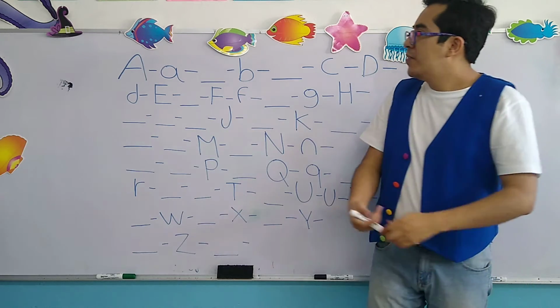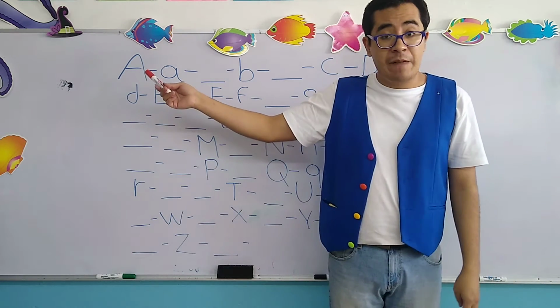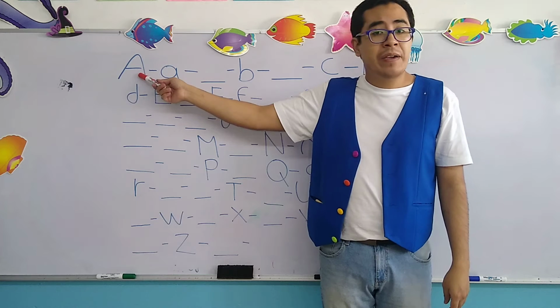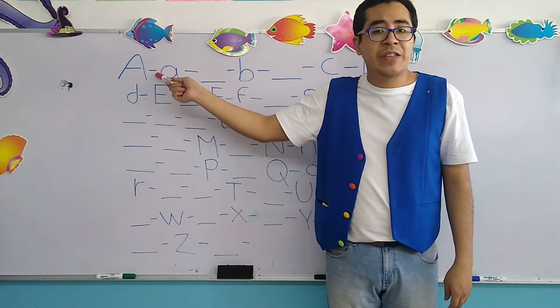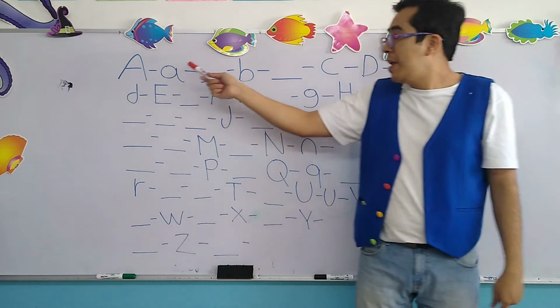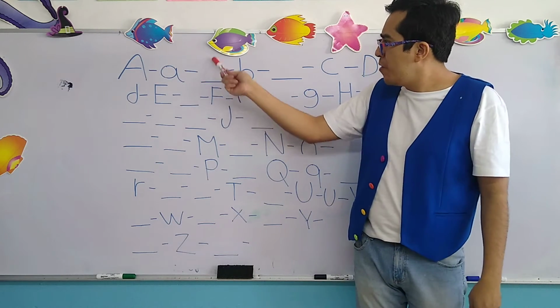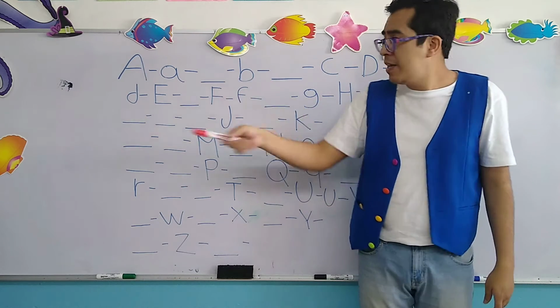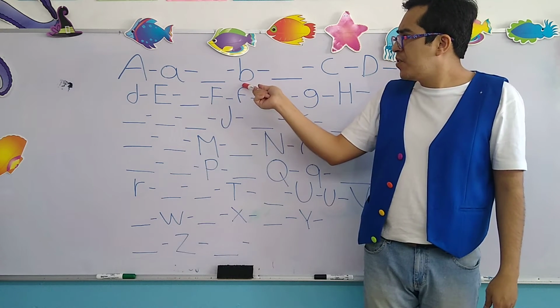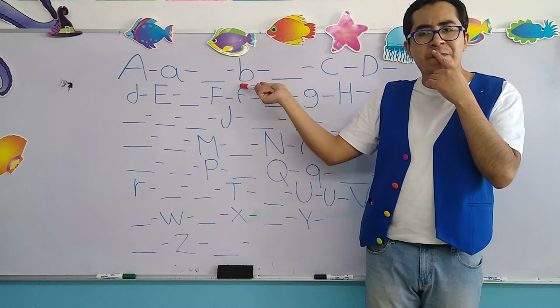Let's start. So, the first letter of the alphabet, capital A, small a. Excellent. Here, there is no missing letter, so we can continue. Now, next to here, we don't have the letter, so we have to know what letter is it. Now, here we have small b, small b.